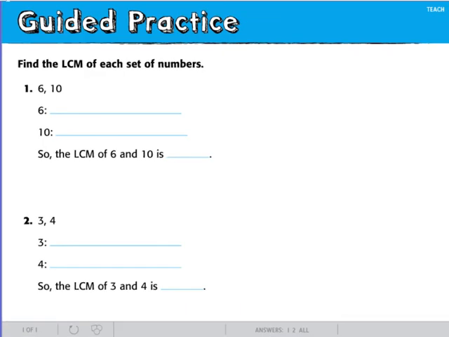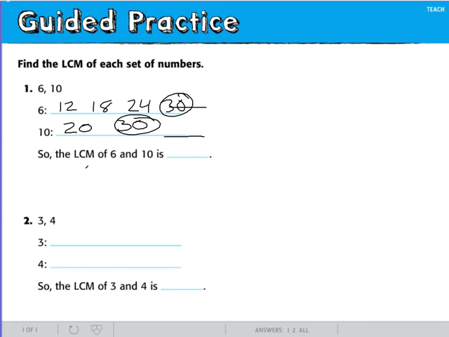So this is what we're doing for our homework. You're going to set up, you're going to find the multiples of numbers, and then you're going to find the least common multiple, just like this. So for number 1: 6, 12, 18, 24, 30. 10, 20, 30.